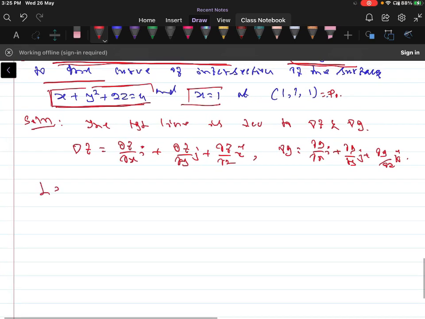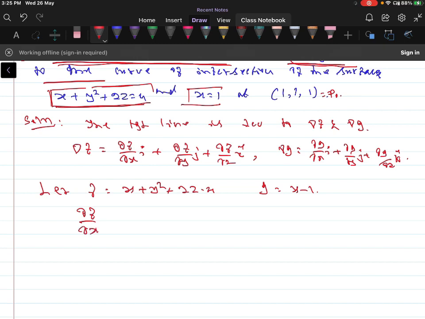So let f is equal to x plus y square plus 2z minus 4 and g is equal to x minus 1. Let us find dou f by dou x, that is equal to 1. Dou f by dou y is equal to 2y. Dou f by dou z is equal to 2.